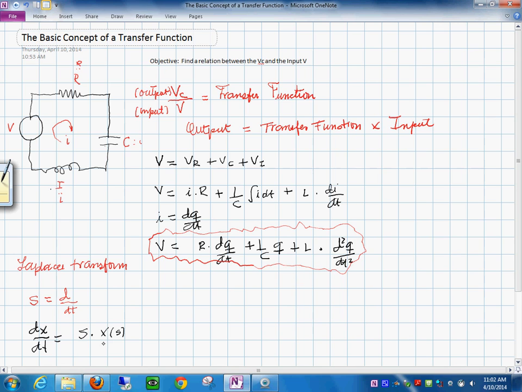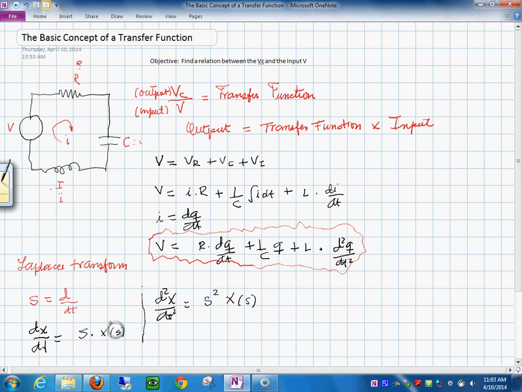And if you have d squared x dt squared, this is going to be s squared times X of s, because this one is the derivative of this one, right?